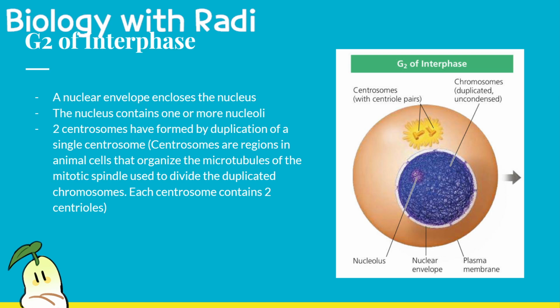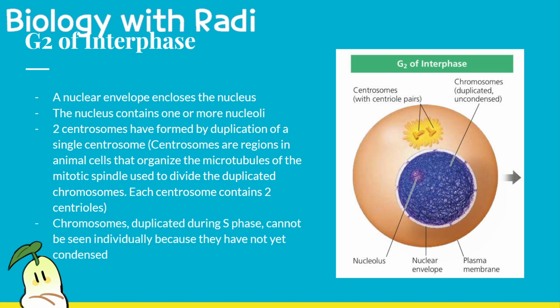If this term seems unfamiliar, here is the definition of what a centrosome is as a refresher. So centrosomes are regions in animal cells that organize the microtubules of the mitotic spindle used to divide the duplicated chromosomes. Each centrosome contains 2 centrioles. Chromosomes duplicated during S phase cannot be seen individually because they have not yet been condensed.